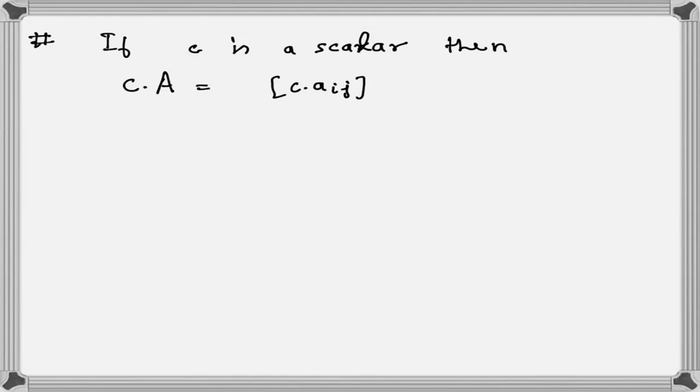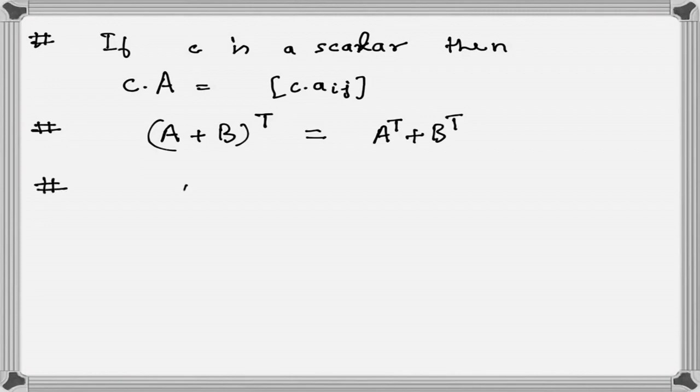Scalar by a matrix, then each entry is multiplied. For transpose, take any two matrices A and B: A plus B transpose is the same as A transpose plus B transpose, and the transpose of the product of two matrices AB is B transpose into A transpose.